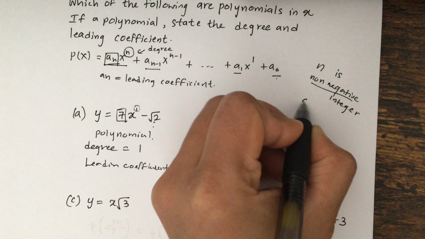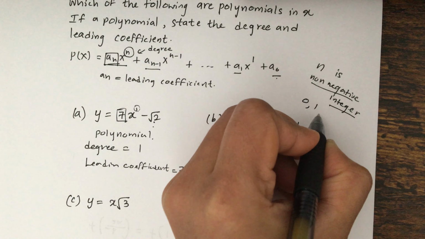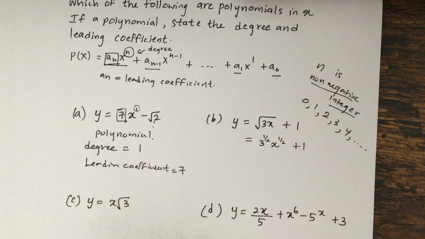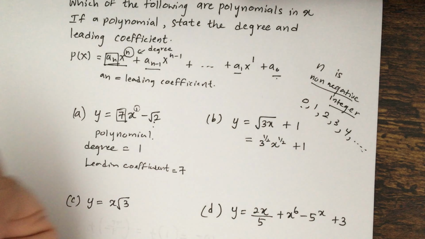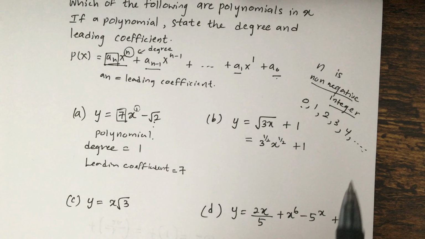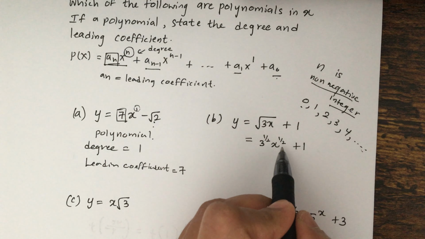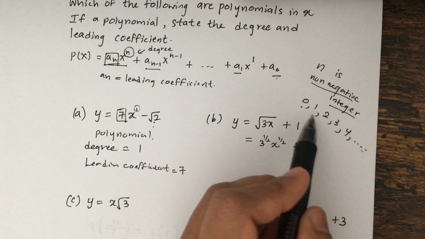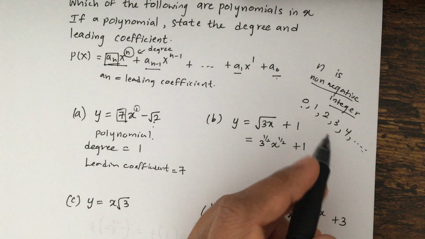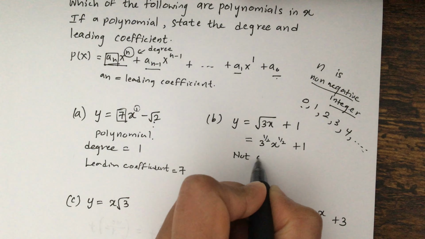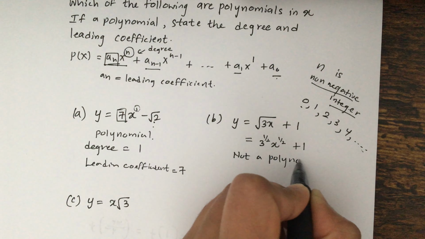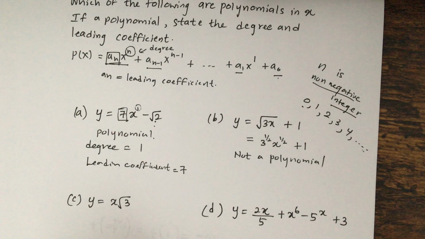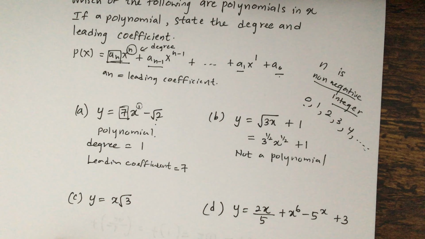Non-negative means you can have 0, 1, 2, 3, 4, and so on, right? So you can have these numbers as your powers of x. But in this case, as you can see, your power is a fraction. It's half. So it's not an integer. So this is not a polynomial. We cannot talk about a degree or leading coefficient if it is not a polynomial, right?